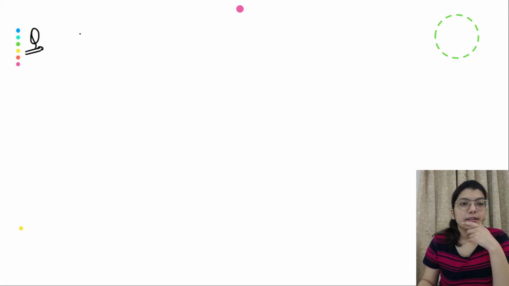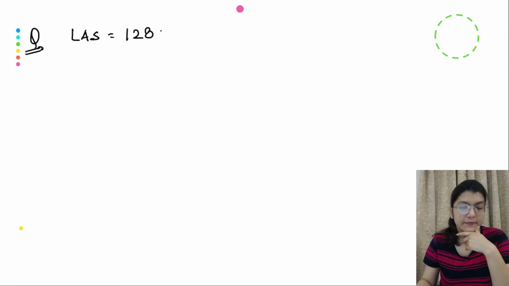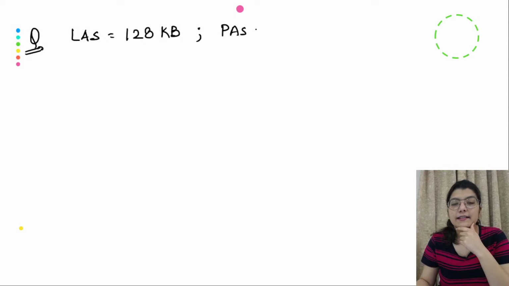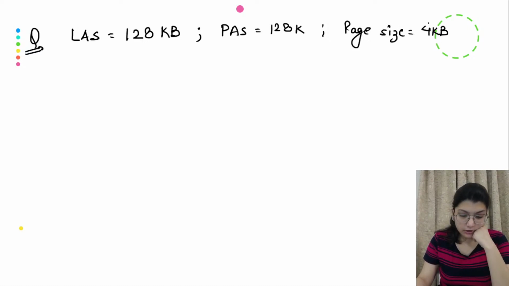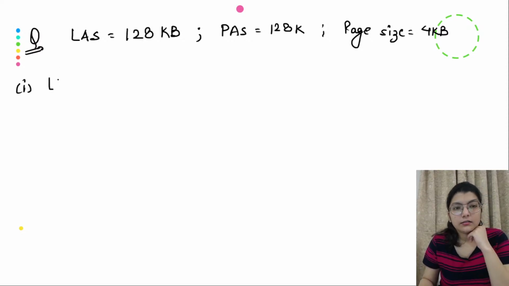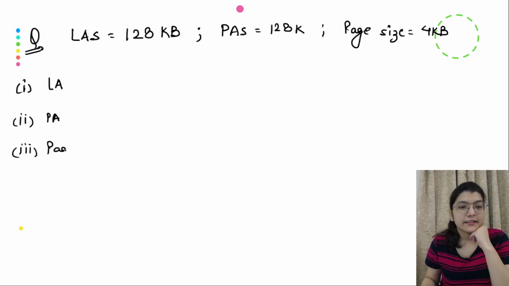So now in this question, this is a basic question, that is LAS or virtual address space. I hope you know this. That is your 128 KB. Physical address space is also 128 KB. And page size is 4 KB. Okay, so you have to tell logical address bits, then you have to tell physical address bits, then the page offset.